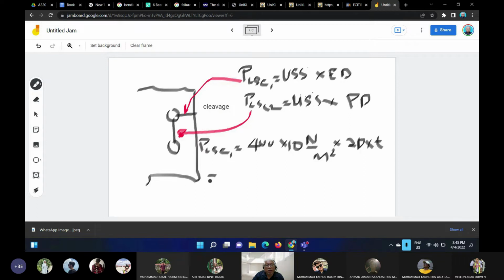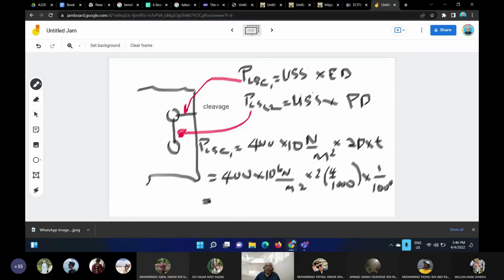So you have 400 times 10 to the 6 Newton per meter square, times 2 times the diameter, which is 4, times the thickness, which is 1. So you get the cleavage strength.